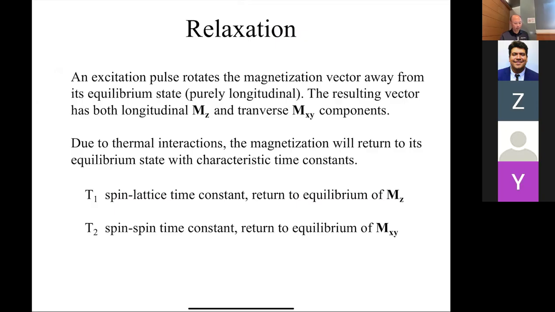Just to remind you, when we talked about relaxation, there are two main things you need to remember: T1 and T2. T1 governs how quickly we go back to M sub Z for the longitudinal component, and T2 means the return to equilibrium of MXY, which is going back to zero. Those are the returns to equilibrium.